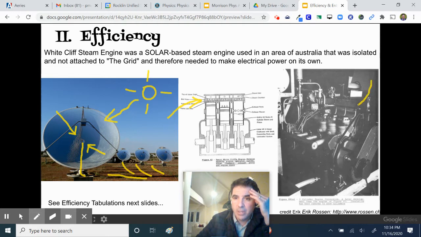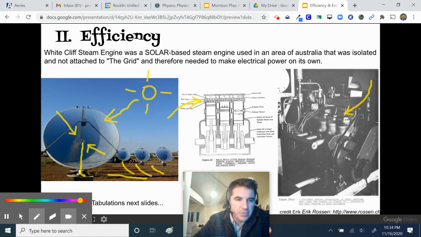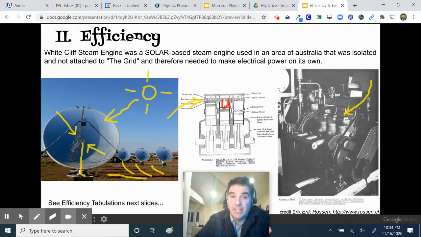The steam would come into the top through the pipes. Let me change the color here so you can see it better. That would cause the internal energy to be raised, which would cause these to push up and pull up, and that would do useful work on this shaft right here.